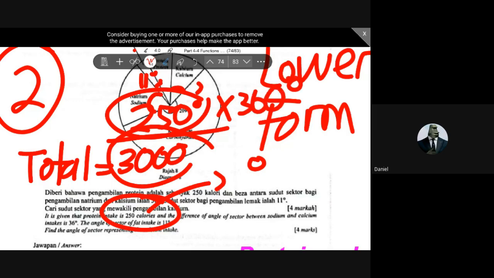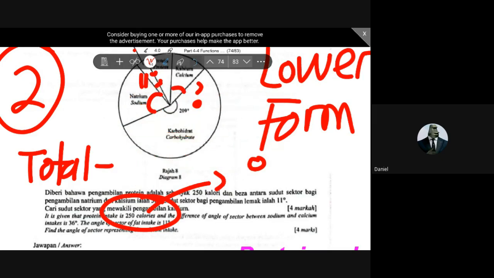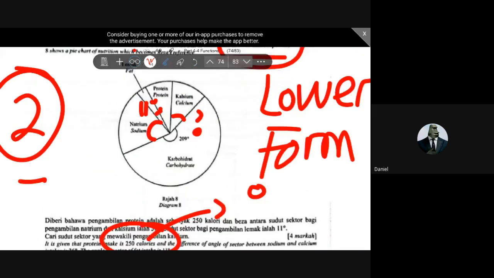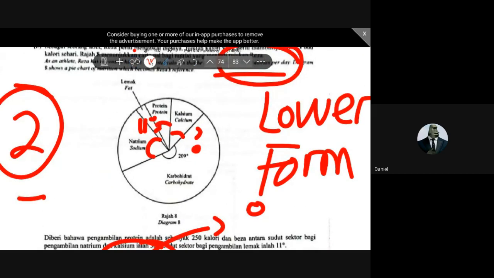So kita tahu portion, berapa banyak portion yang protein tu ambil. So kalau kamu tekan calculator, you will get 30 degree. Okay, so that's the answer. So boleh faham tak yang ni? Can you understand how to get 30? So this one over here is 30.